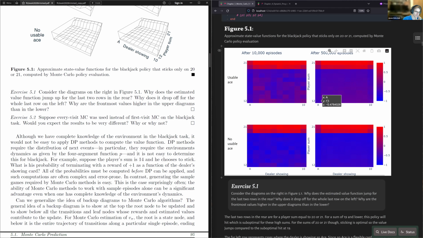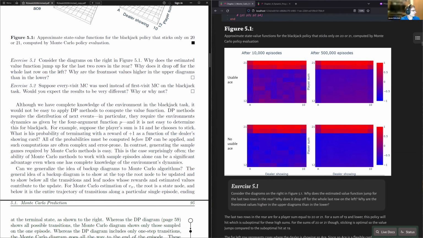So this entire front row is the player having two aces in the case of a usable ace, whereas here this represents something else, like a 10 and a 2 or a 9 and a 3, and that's not as useful as having two aces.